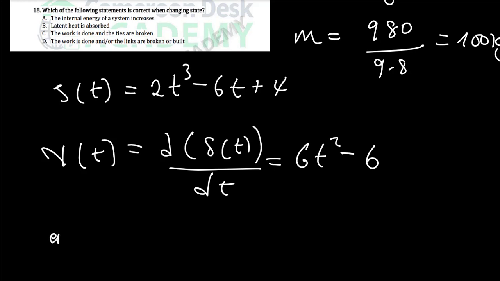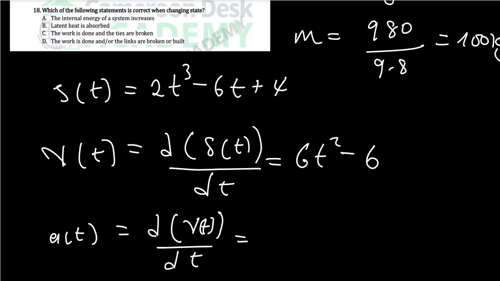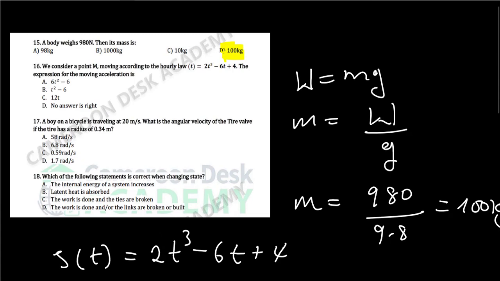So the acceleration a of t is given by the derivative of the velocity v of t with respect to time. When we differentiate this, we have 12t, and the derivative of 6 is 0, so the acceleration will be given by 12t. So the correct option is C.